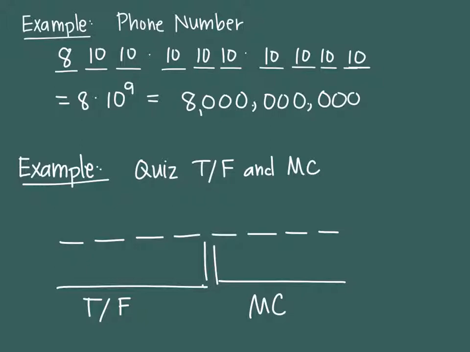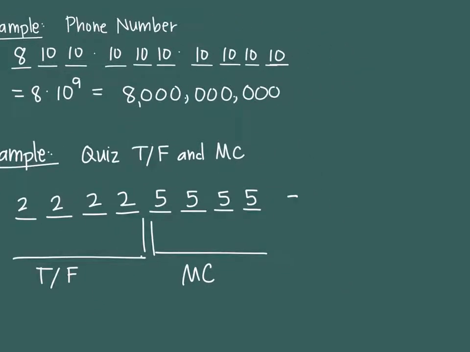So if you're just totally guessing, well, in the true-false section, you have 2 choices, and then the next question is 2 choices, and the next question, and the next question. So you have 4 true-false questions right in a row. Then you get to multiple choice. And let's say that there are 5 options, A, B, C, D, E. And so you're going to have 5 things to choose from every time. Do I choose A, B, C, D, or E? And then the next time, and the next time. And so that would be 2 to the 4th, and 5 to the 4th.